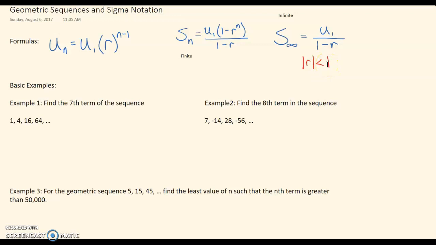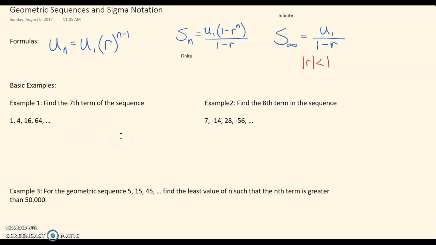We've talked about why that's true in the past, so I'm not going to spend a long time on it, but it's common sense. If you're multiplying by something, like 4 each time, and you took the sum of all infinite terms, obviously that's going to go to infinity. You're not going to be able to find a finite answer.